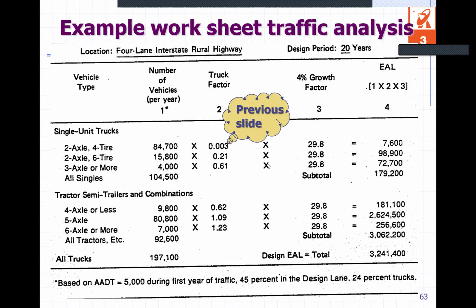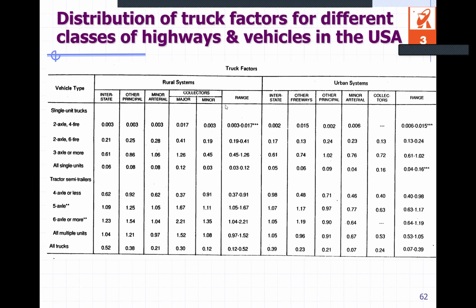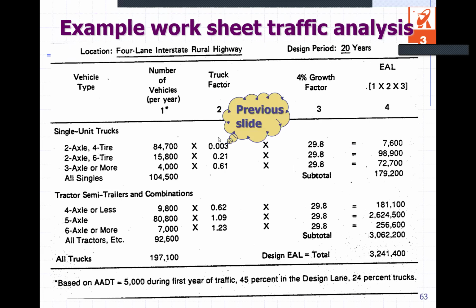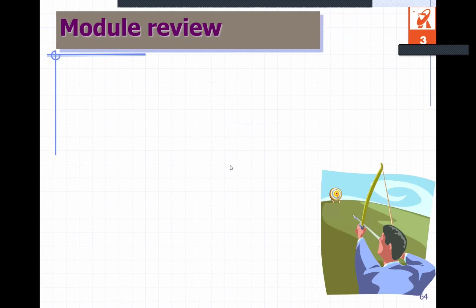So I'm going to leave that example so you can check it out. It's similar to what we did before. Basically, you will have, in this case, a truck factor based on your statistics from here, and you will be multiplying by the number of observations. So it's the same approach as we did before, just based on historical data.